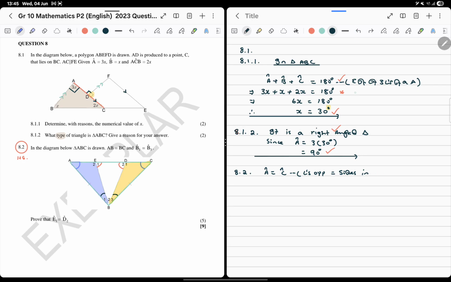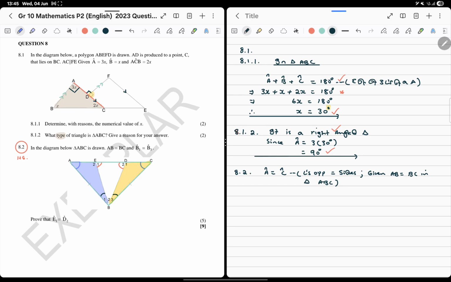Okay, let's just stop there for now. Then we say given AB is equal to BC in triangle ABC. So we need to be very clear why we're saying what we are saying.